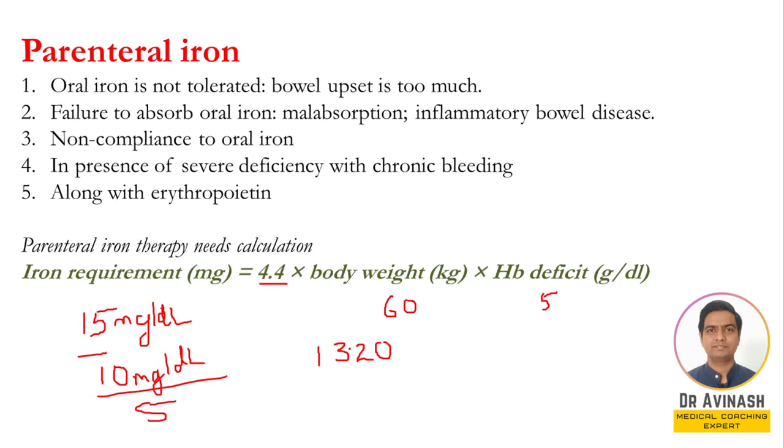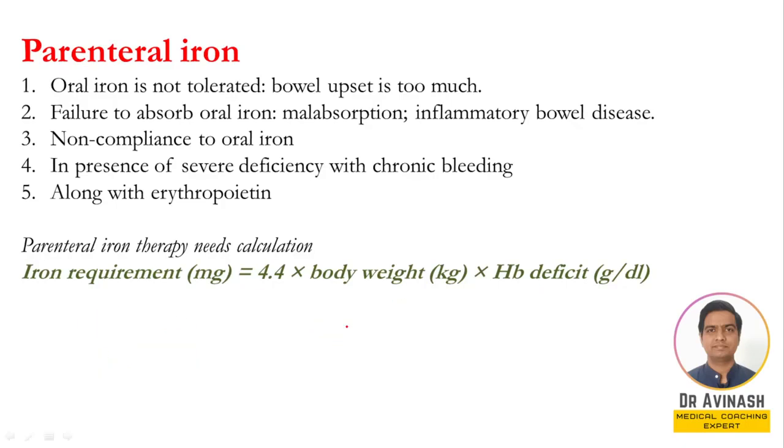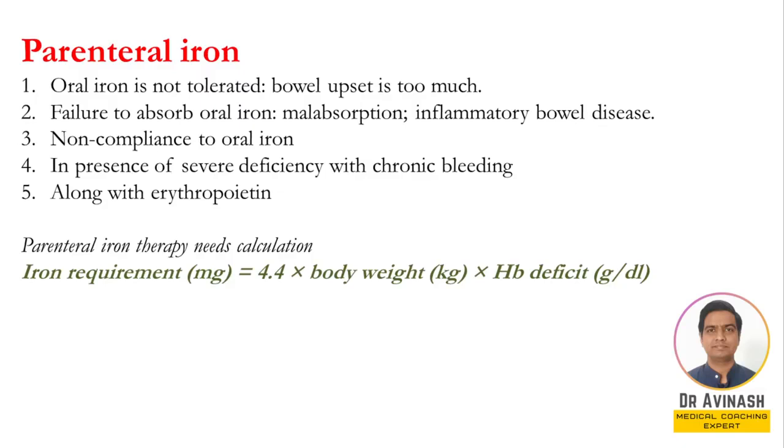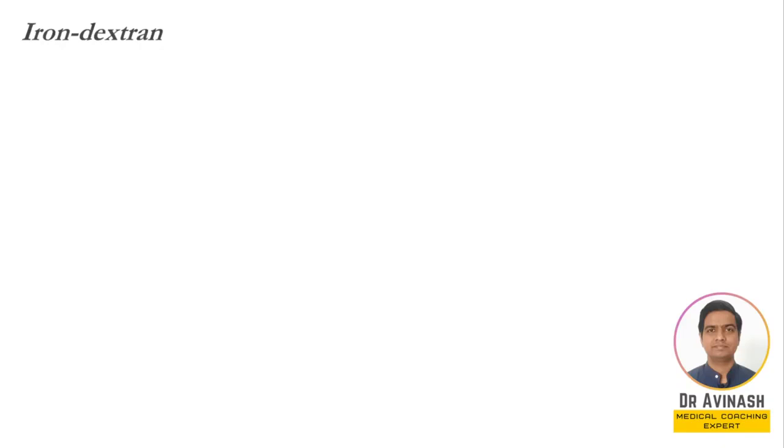It's very easy to understand this calculation. And this much is the mg of iron this patient requires, not only to cure his anemia but even to replenish his body stores. Simple, easy. So we are calculating both deficit and body stores. Both will be taken care of by this particular dose.